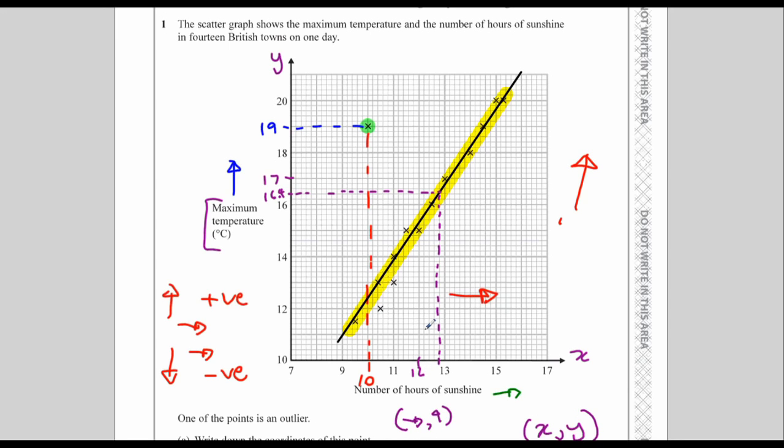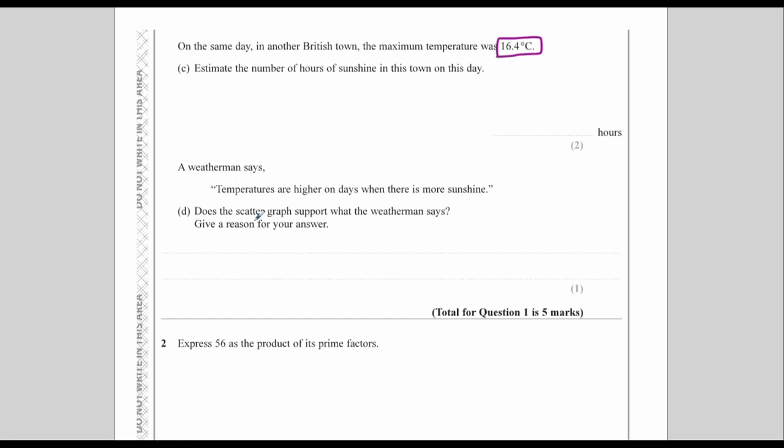So it's between 12 and 13, and it's 4 little squares across, so that's 12.8. So the number of hours of sunshine you would expect if you had a max temperature of 16.4 degrees C, on average is about 12.8 hours.